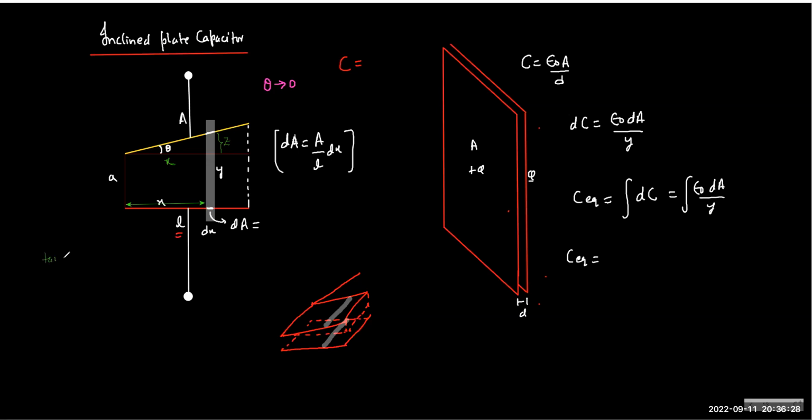Tan theta equals z by x. So z equals x tan theta, and since I'm saying theta is very small, tending to 0, we could have done directly z equals x theta. So y I can see clearly is a plus z. That is the meaning of writing in a suitable variable. Is this clear now?